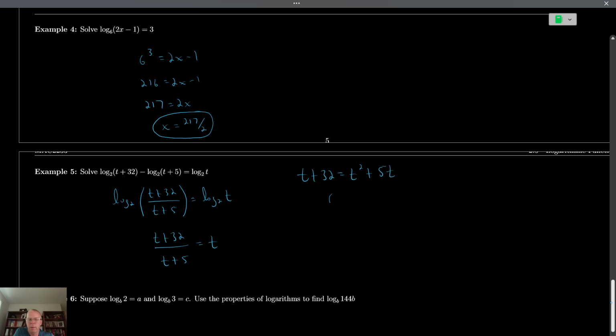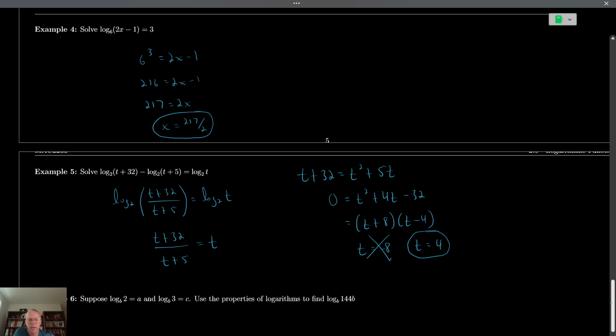Let's set this equal to 0. So you have t squared plus 4t minus 32, and I think this will factor into t plus 8 and t minus 4. And so we get t equals negative 8, and then t equals 4. Of course, this one will work, and this one will not.